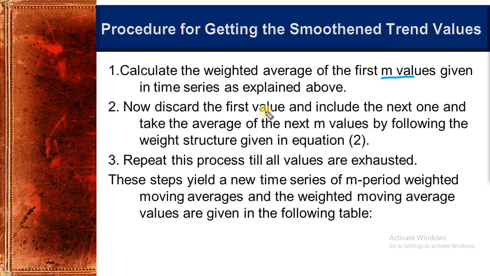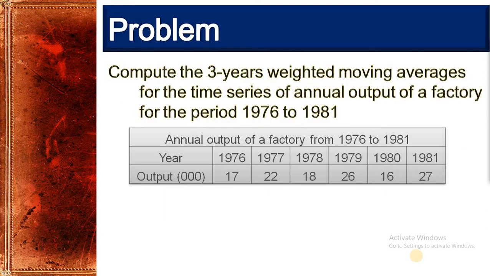Firstly, we will consider the first group, and while we consider the second group, we will discard the first value of that group and include the next value in the time series data. We will assign a weight to each observation, put it in the equation, and repeat until we exhaust all the observations. So finally we will get the unequal weighted moving average.